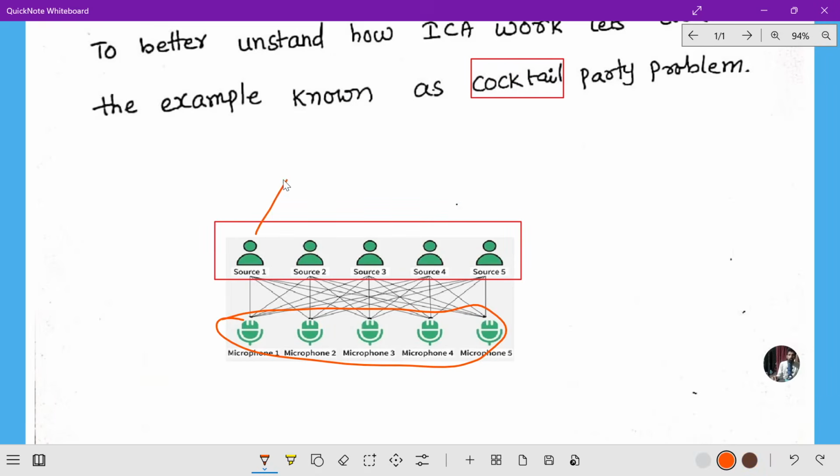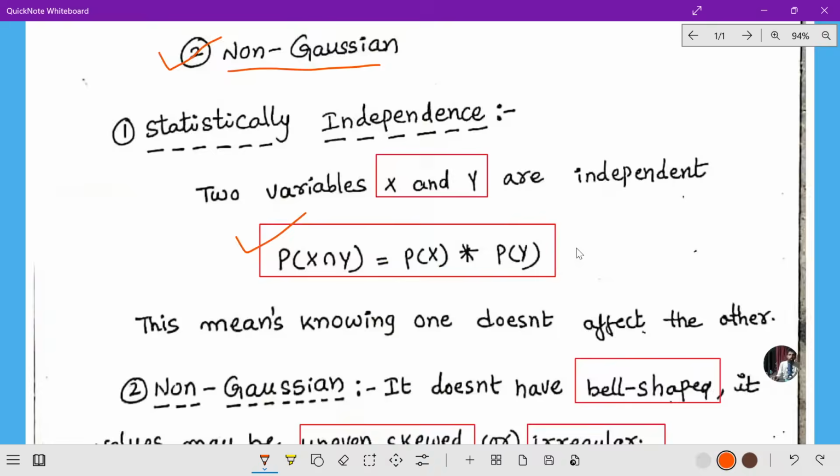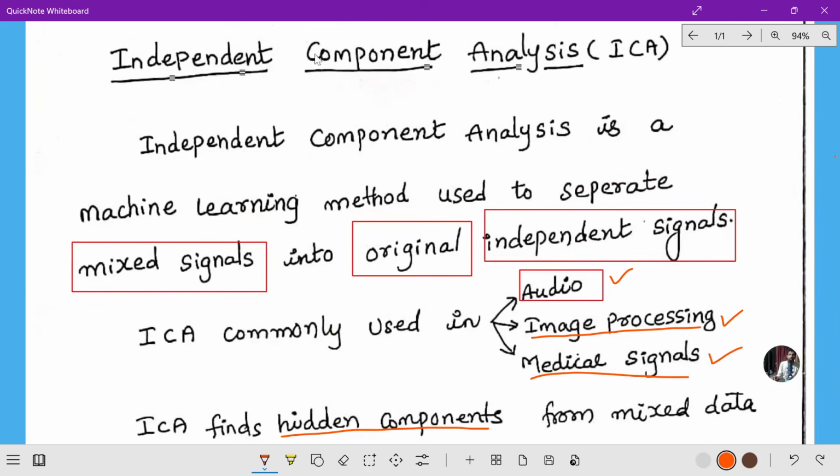Let me conclude that source 1 voice could be clearly identified, source 2 also, and so on up to source 5. So this is what we call independent component analysis, in short ICA.